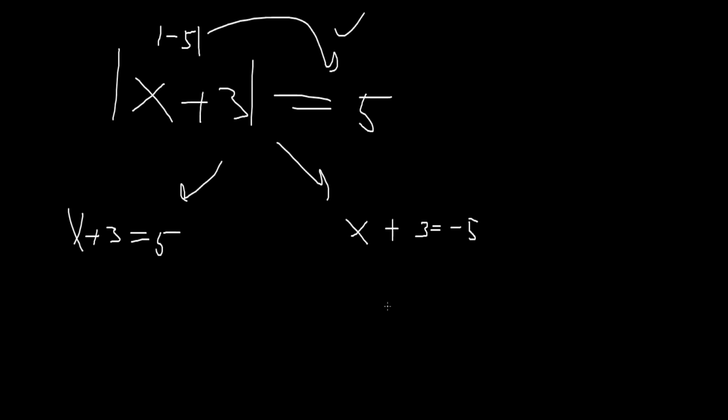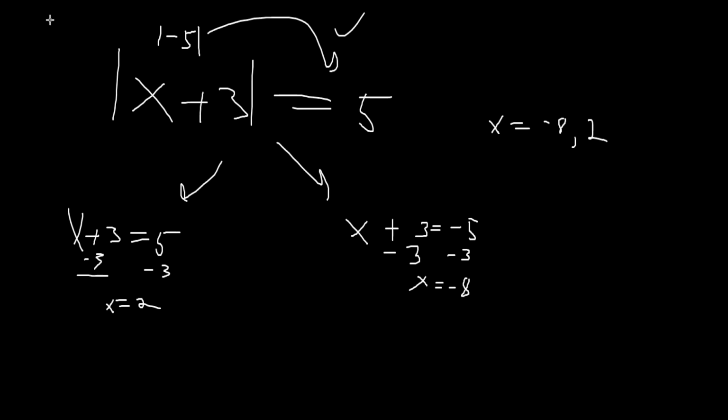The logic would check out. So I'm still going to subtract 3. So x does equal 2. 2 is a valid answer, but I also need to subtract 3 over here. So -5 minus 3 is -8. So x would equal -8. So here I'd have both the answers -8 and +2. This is the challenge we run into when we are solving absolute value algebraically.